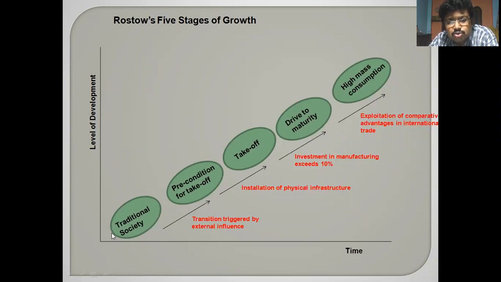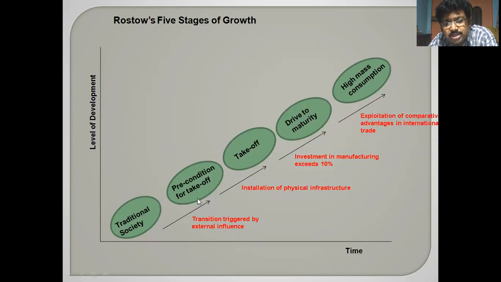The first stage is traditional society. The second stage is precondition for takeoff. Then there is takeoff. The next stage is drive to maturity. And the fifth one is high mass consumption. These are the five stages.